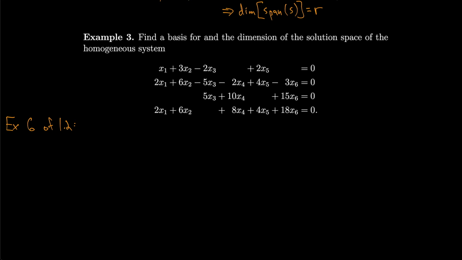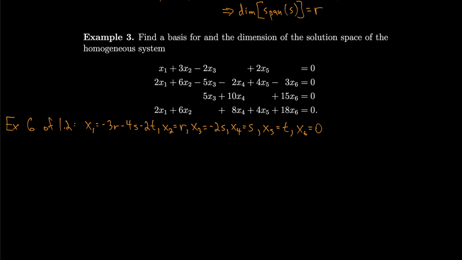When we solved this system, we saw that x1 could be written as minus 3r minus 4s minus 2t. x2 would equal r. x3 would equal minus 2s. x4 equals s, and x5 equals t, and x6 equals 0. So that was a solution.